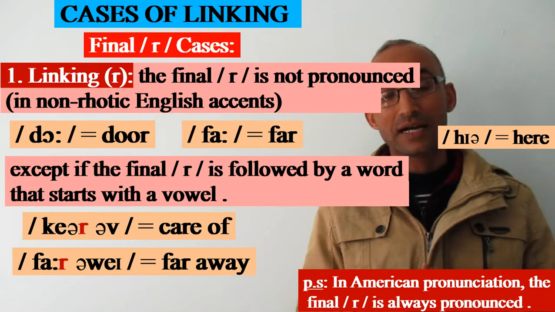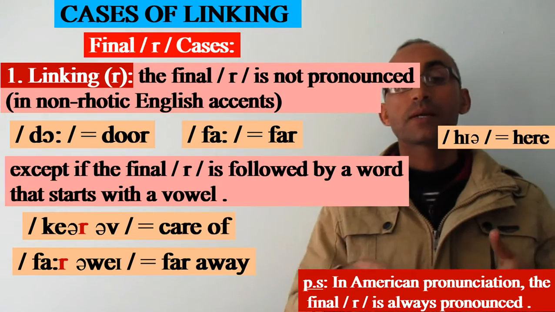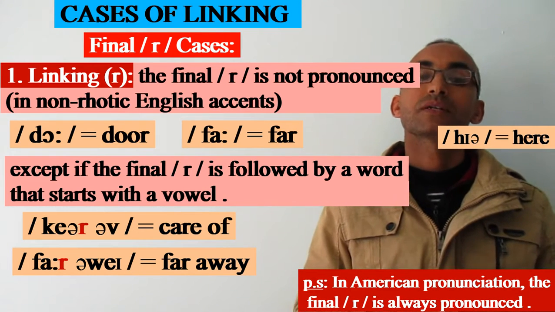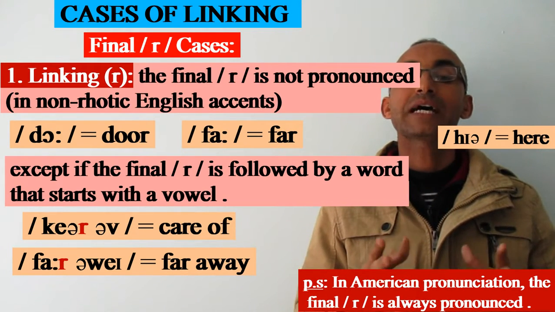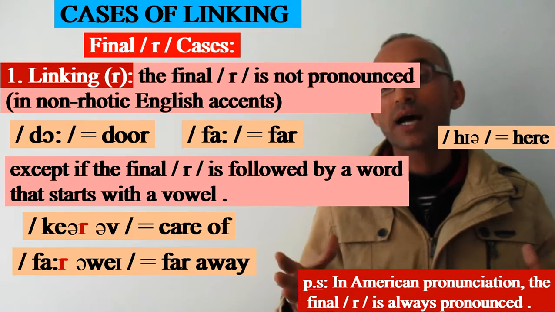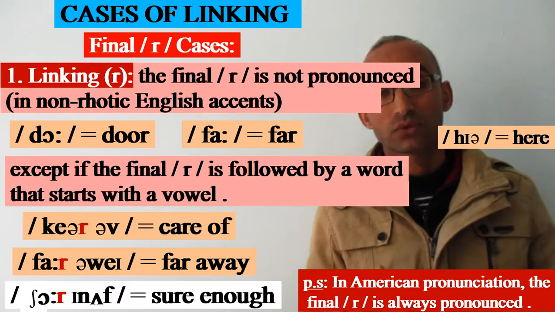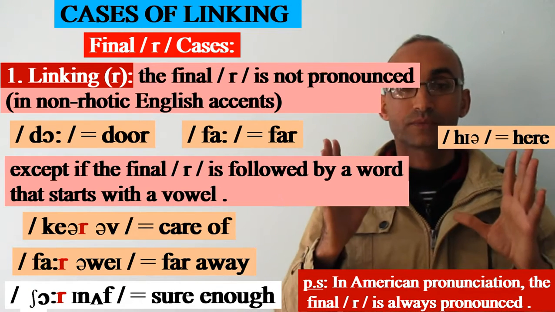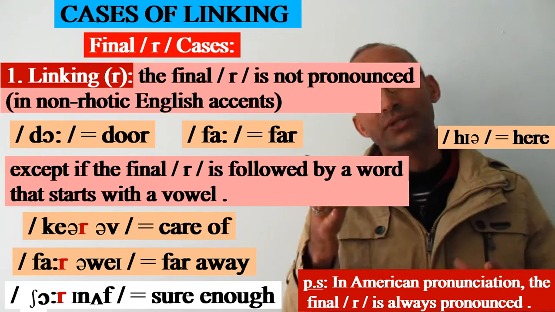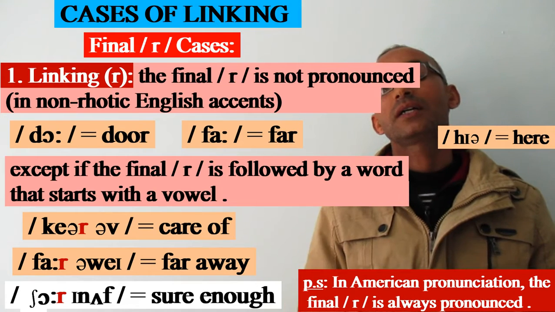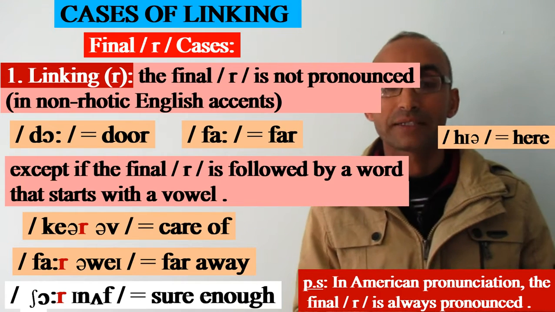"Far" alone, R not pronounced, but when we have "away," a word that starts with a vowel, we pronounce the R, and we say "far away." Also, "sure enough." "Sure" without R, but "sure enough," we pronounce the R because "enough" starts with a vowel E.